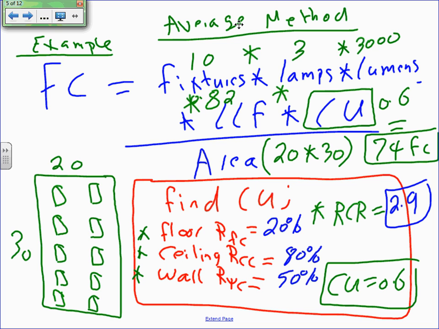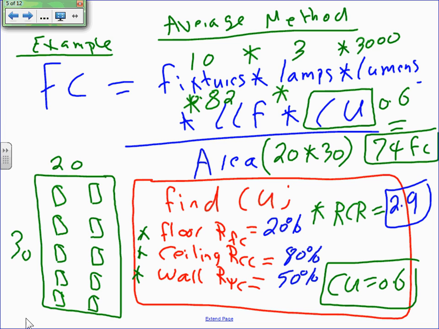I'm usually this brutal. What I do is I print the curve for you that you guys are looking at. It's called the coefficient of utilization curve. I will give you a copy, and you will calculate the room cavity ratio. I will give you the reflection of the ceiling, floor, and walls, and based on this you find the coefficient of utilization for the fixture.